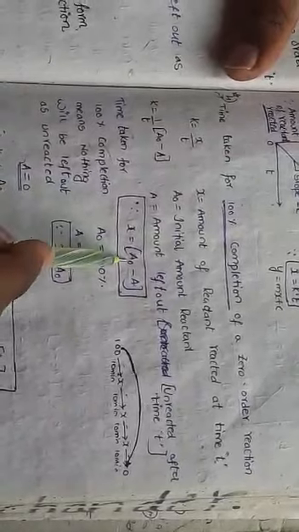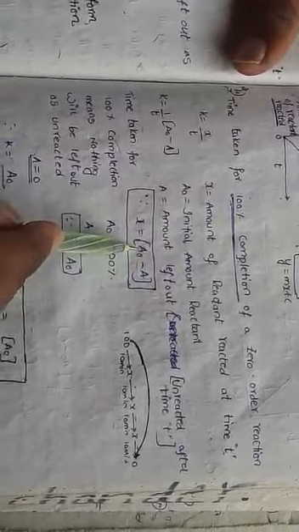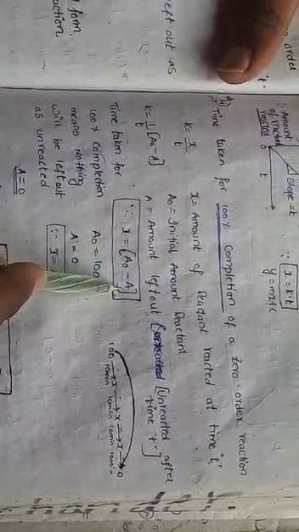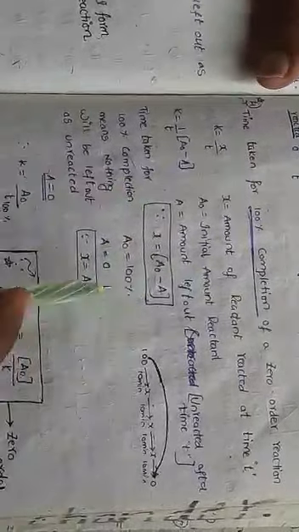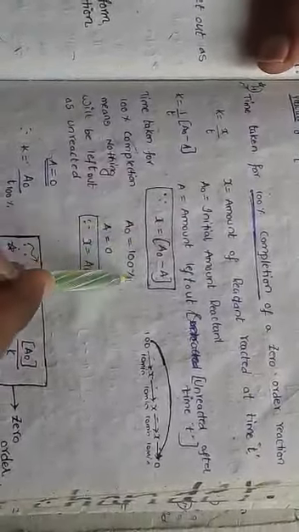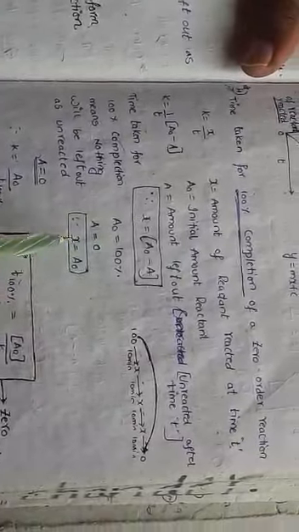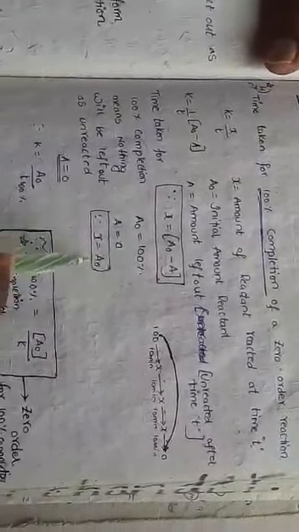For 100% completion, A will be 0. We know x equals A naught minus A, so now x equals A naught.